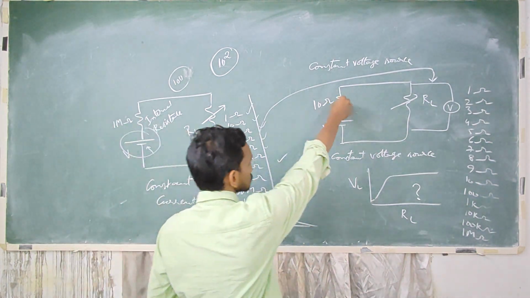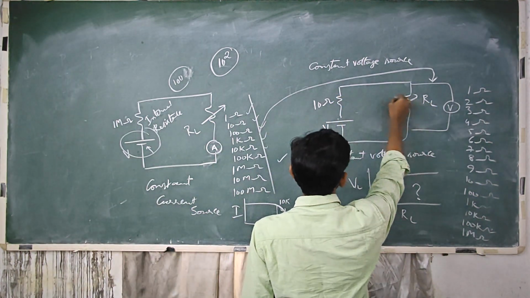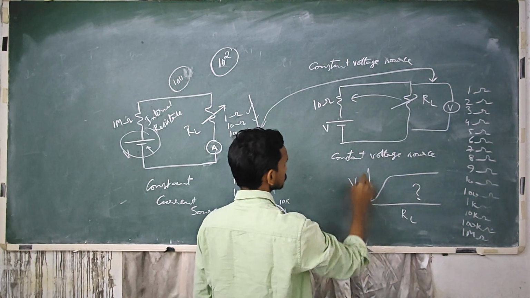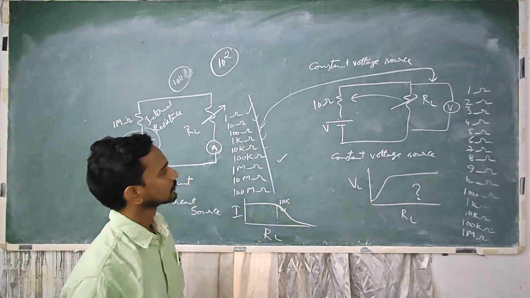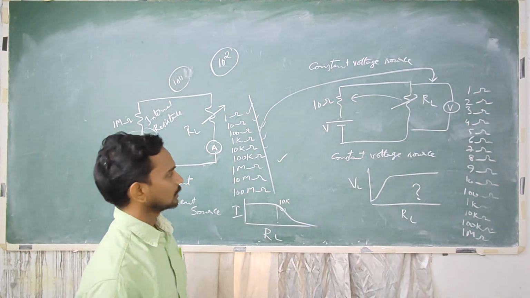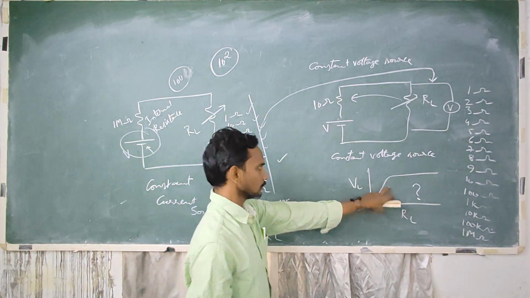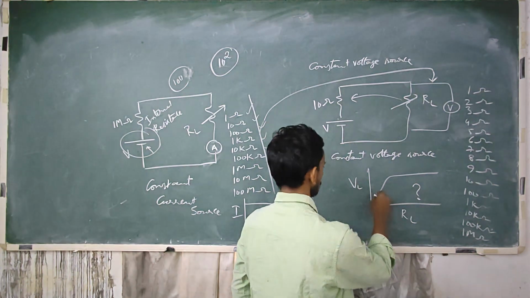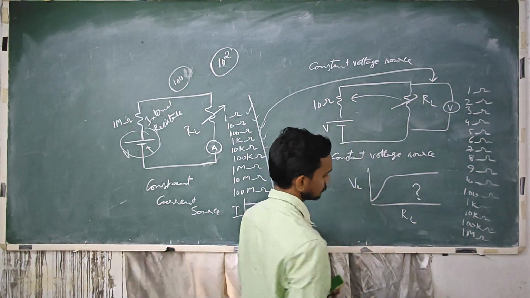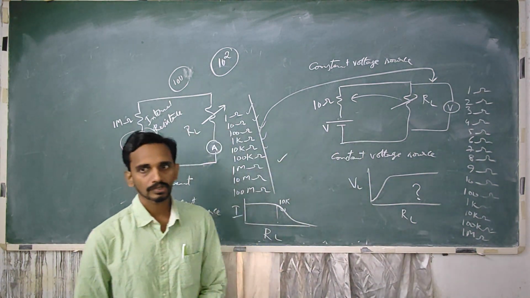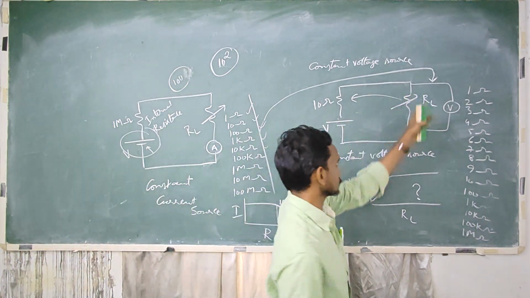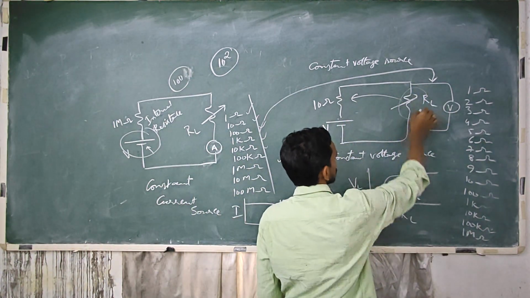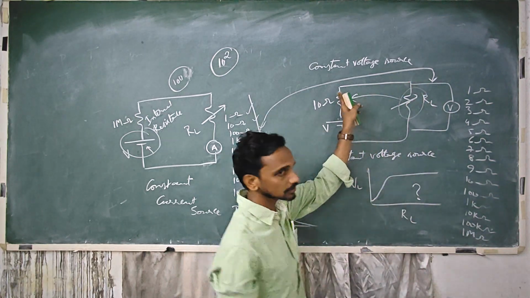So when the load resistance is comparable to the internal resistance, what happens? The voltage will be very low, lower than the voltage supplied by the voltage source. So when the load resistance value increases enormously, the majority of the voltage will be dropped here, because this number is very small.